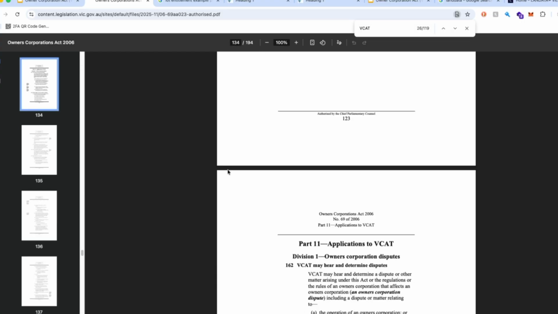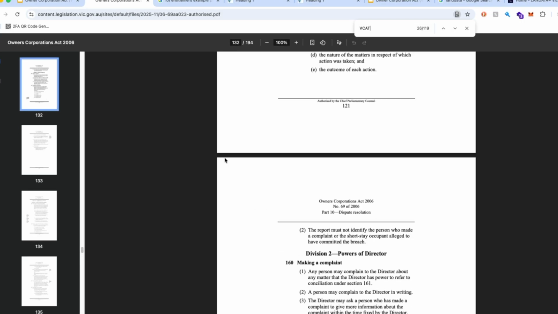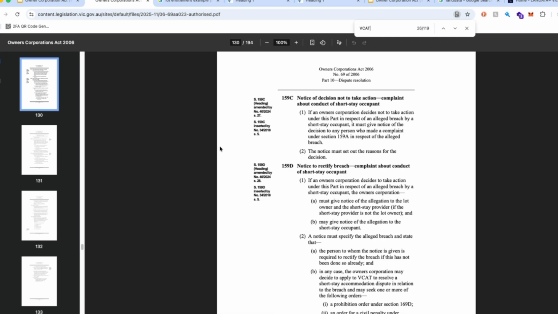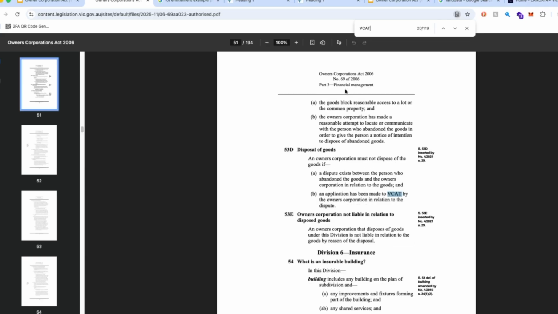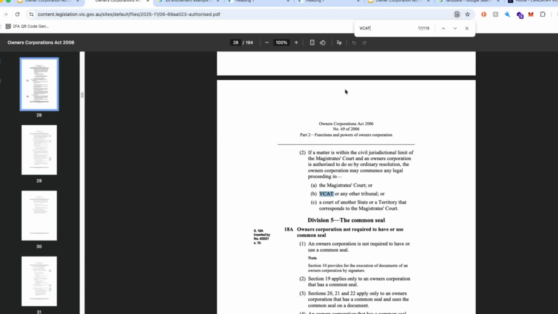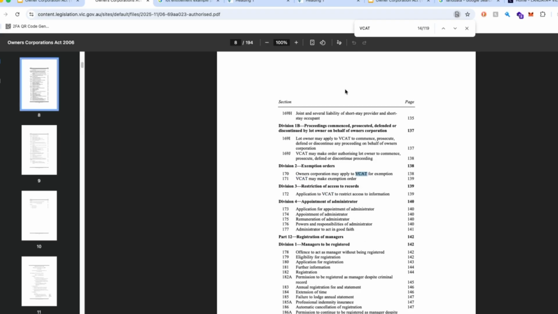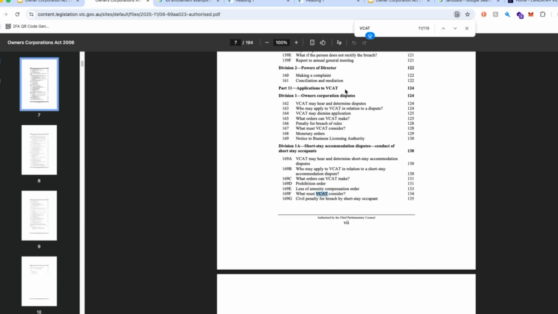So in the OC Act, there are a set of powers VCAT has, and even in this case, I still don't want you to leave it to this. What I want to say is, don't put less effort into voting, right?